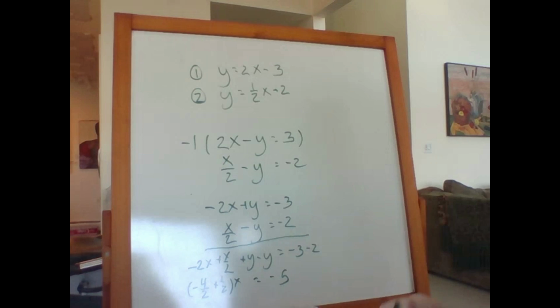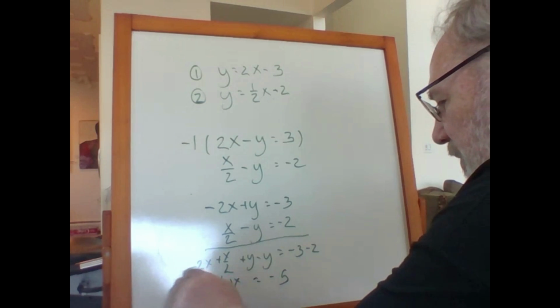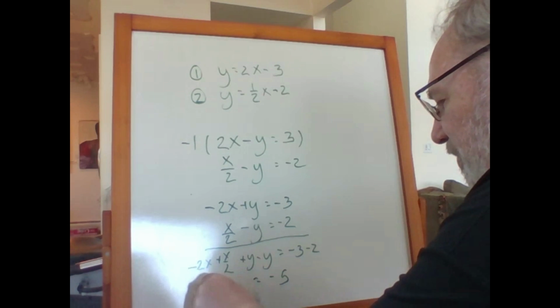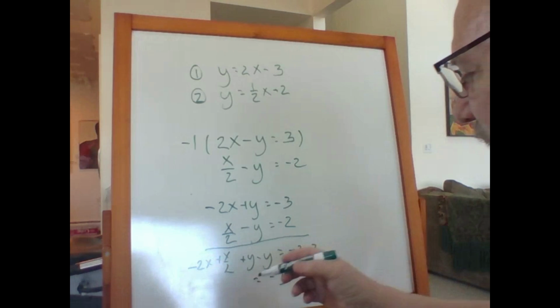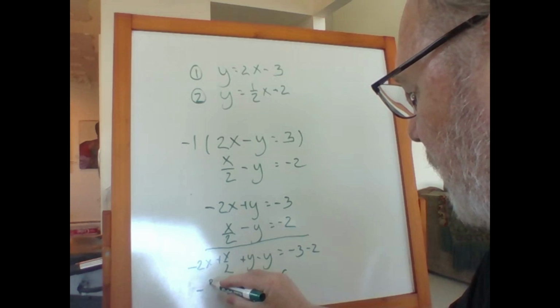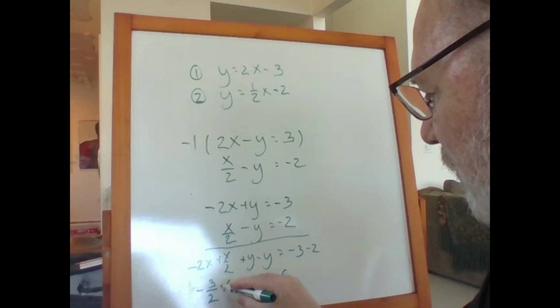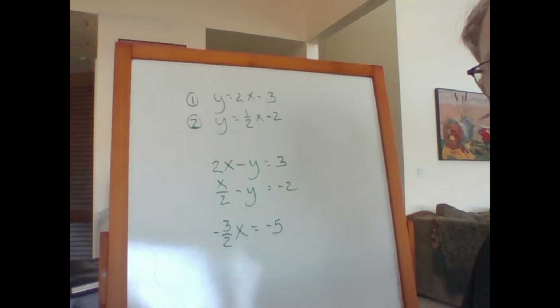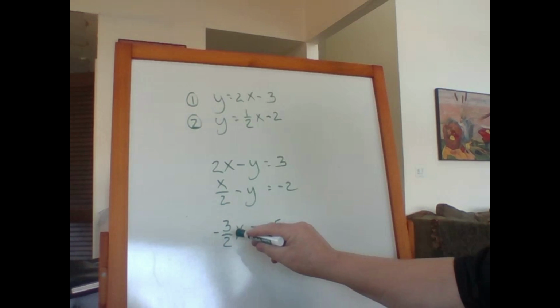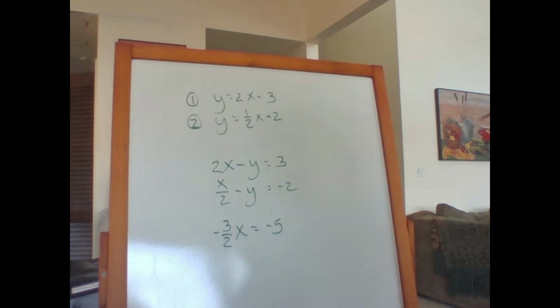So as we see here, we have minus 3 halves x equals minus 5.